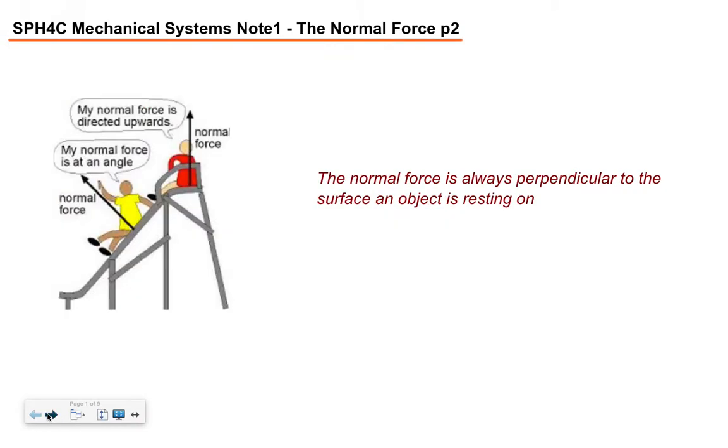Okay, moving on. Something about normal force that we use for all our considerations is that it's always perpendicular to the surface you're resting on. For example, this guy's sitting on the top of the slide, and there's a normal force pushing up on him. This guy's on the slide, and the normal force is pushing at an angle because he's on an angle.